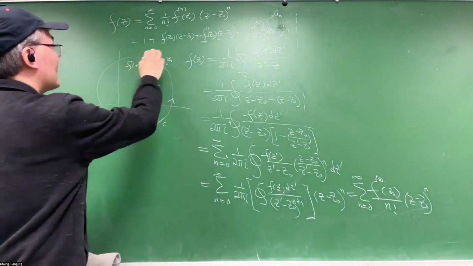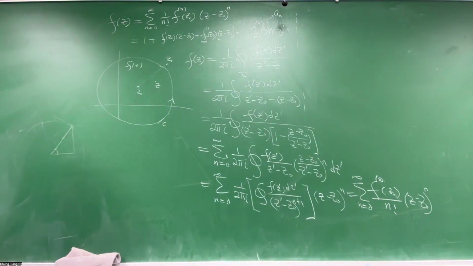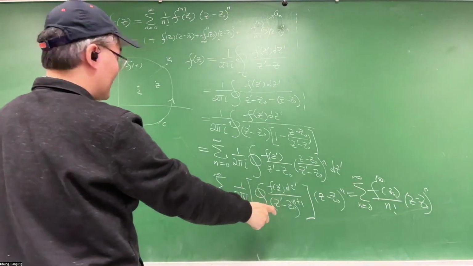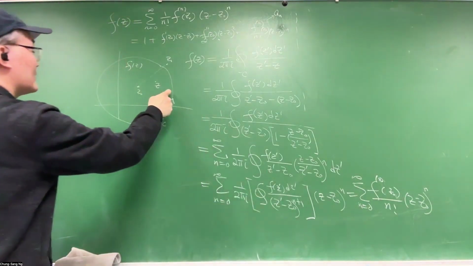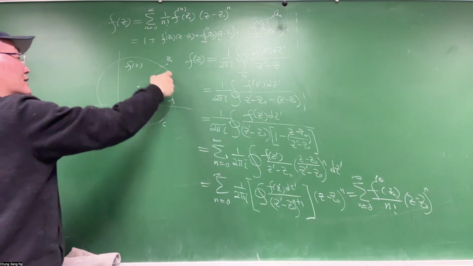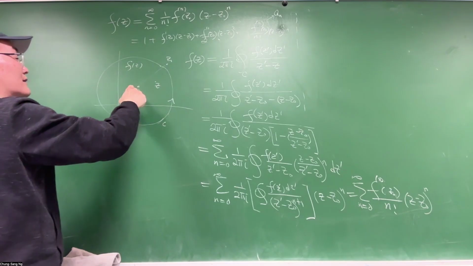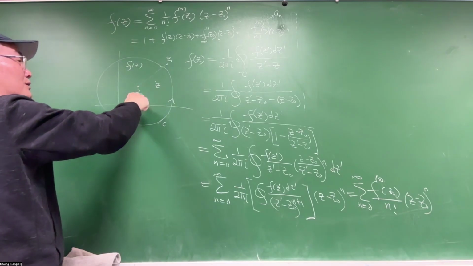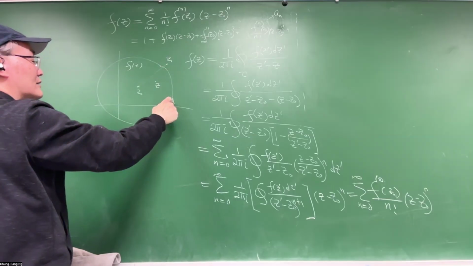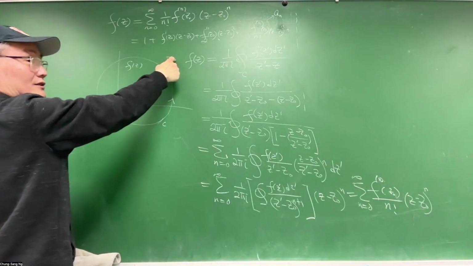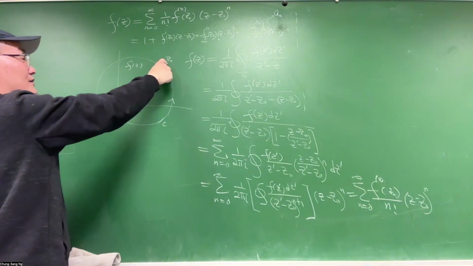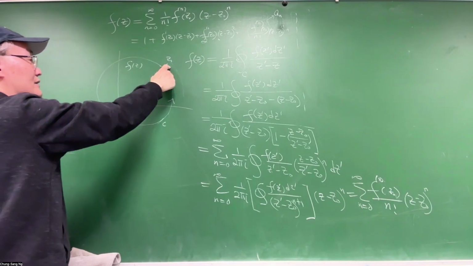So this requires f to be analytic over the interior of a circle. And one more step we need to talk about: this is all within this circle C, but we already assume the radius of this circle is less than the distance from z₀ to the closest singularity. So you cannot consider the radius going past this distance to the nearest singularity.